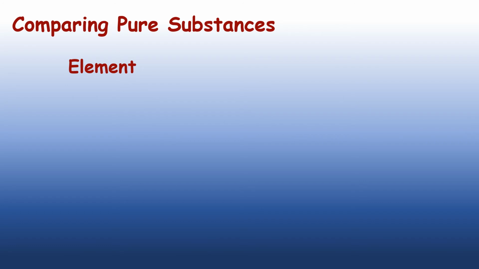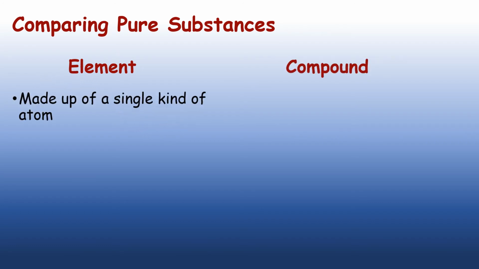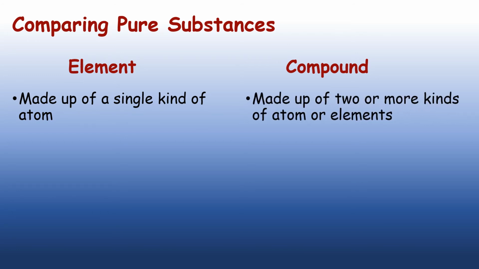Now, let us compare the different kinds of pure substances. Under pure substances, we have elements and compounds. Elements are made up of a single kind of atom, while compounds are made up of two or more kinds of atoms or elements.